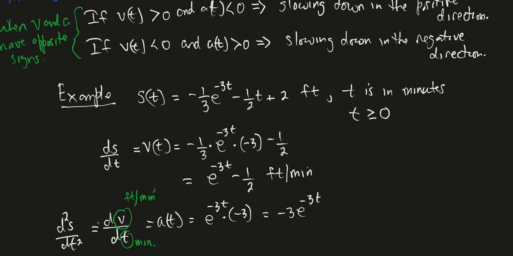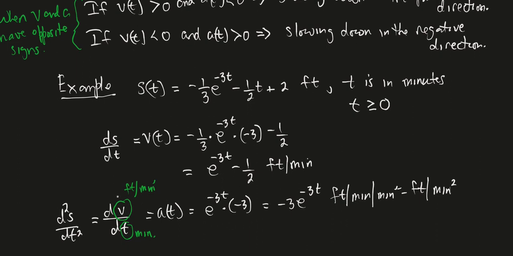So the units for acceleration, if we use the same approach, will be feet per minute per minute, often written as feet per minute squared, right? So these are our rates that we can use to answer lots of questions.